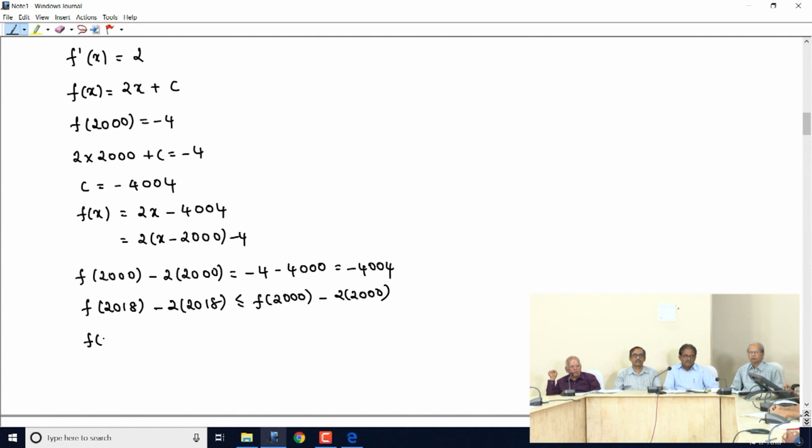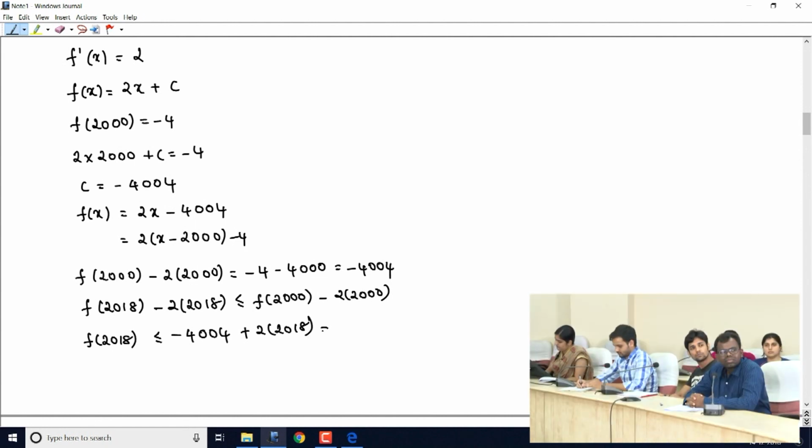Therefore, f of 2018 is less than or equal to minus 4004 plus 2 into 2018, which is equal to 32. So this proves that if we have a function satisfying our given conditions, then it can take at the most value 32 at x equals 2018. You have already found a function also, right? Yeah. So essentially you solved the problem.